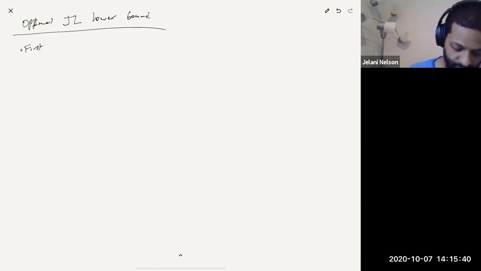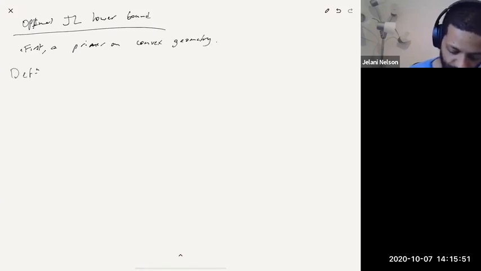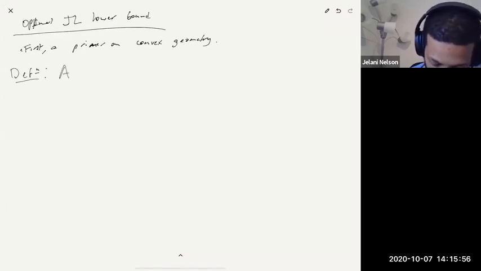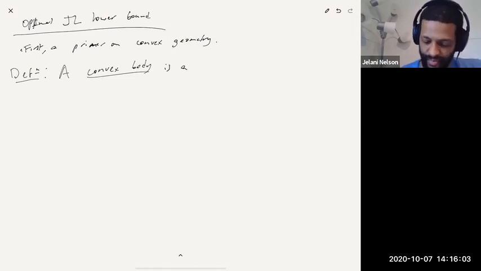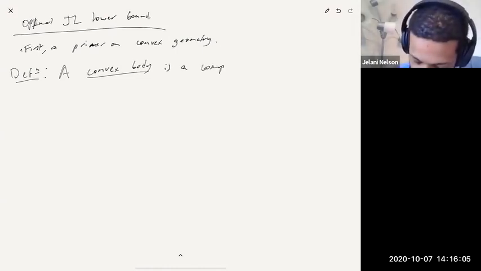First, a primer on some convex geometry. Definition: a convex body is a compact convex subset of R^d.